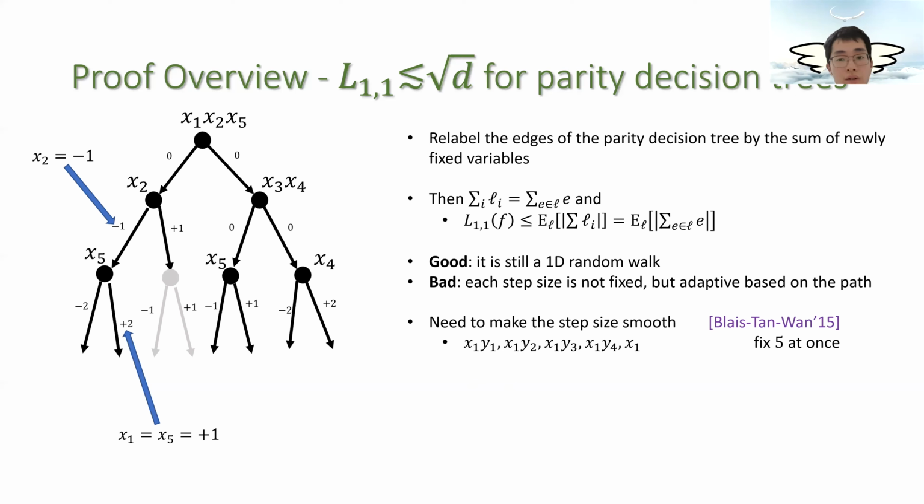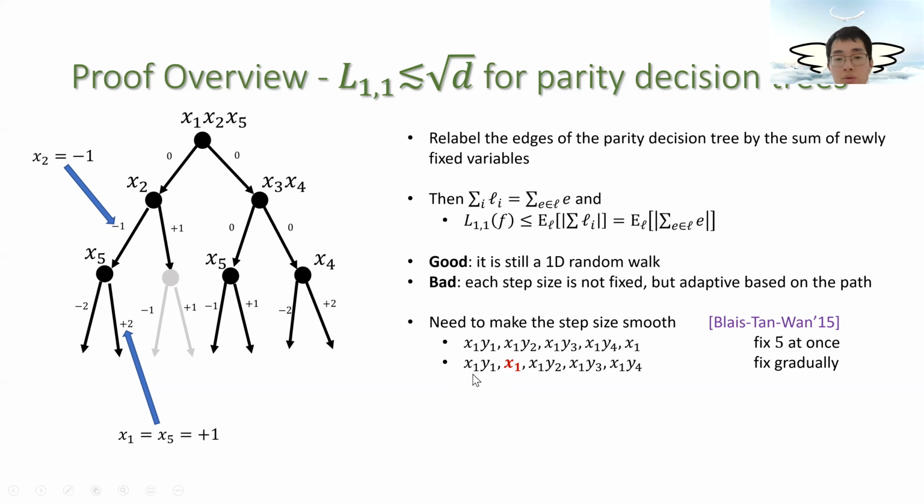Here, we are inspired by the work of Blais, Tan, and Wan in 2015. For example, if we first query x1 plus y1, and then x1 plus y2, and then x1 plus y3, and then x1 plus y4, and then x1, then we will fix 5 variables, x1, y1, y2, y3, y4, in the end.